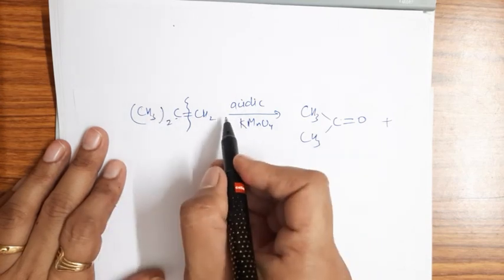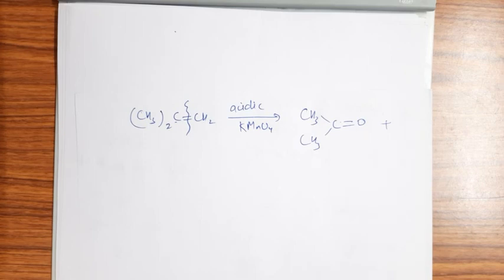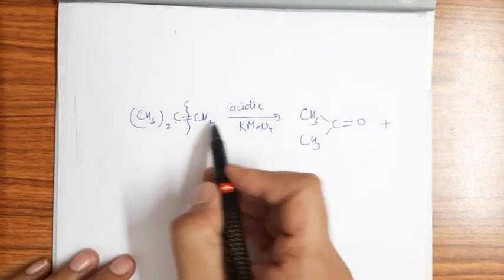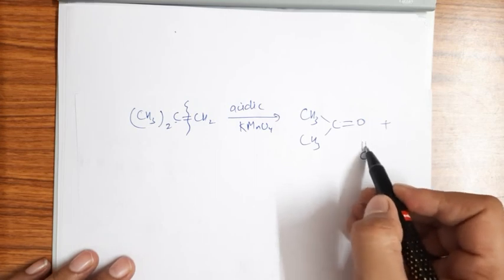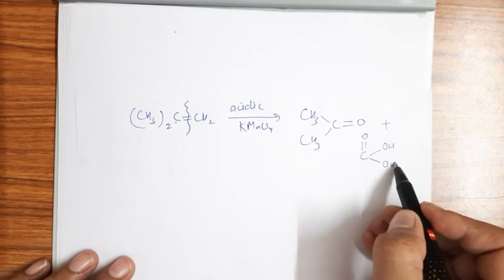The carbon across the double bond gets converted to C=O, and hydrogen attached to that carbon gets converted to OH. Now in CH2, C gets converted to CO, H gets converted to OH, again one more H gets converted to OH.